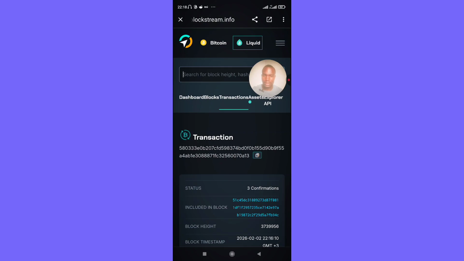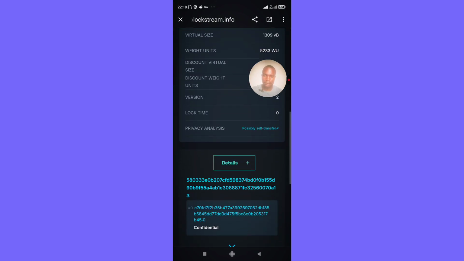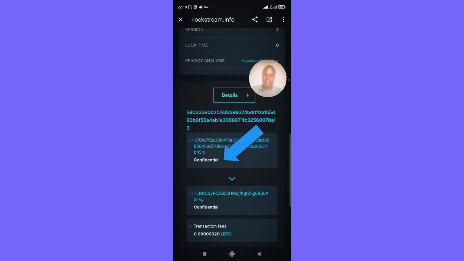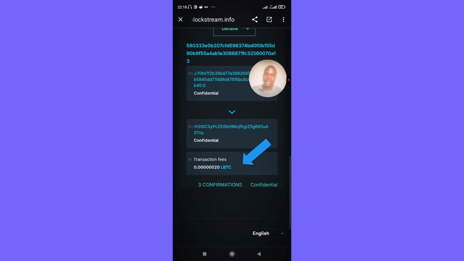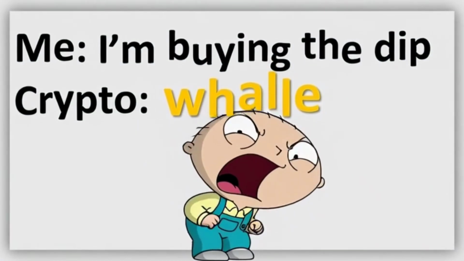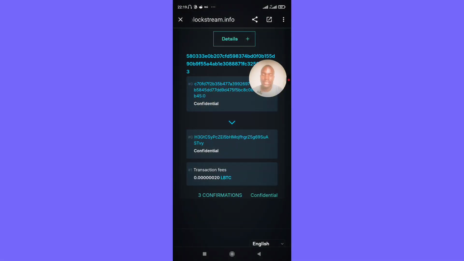You can see there's a transaction that has been sent here, but it doesn't tell us what has been sent or the amount. The only thing that we can see is the transaction fees. If you are a whale, they won't know how much you are sending, or how much Bitcoin you are trying to send within the blockchain.